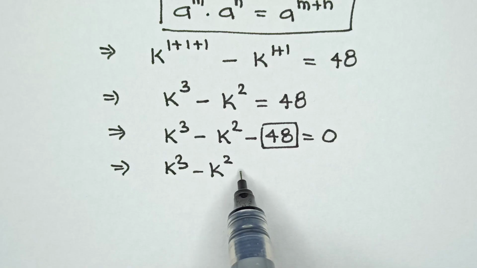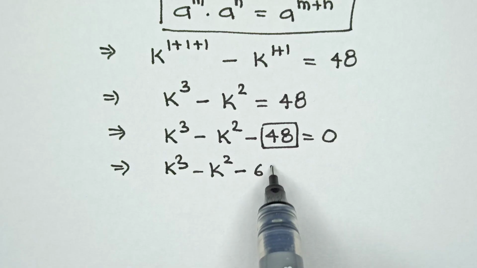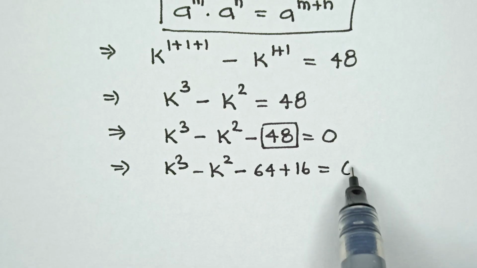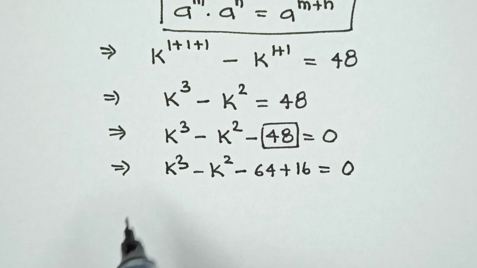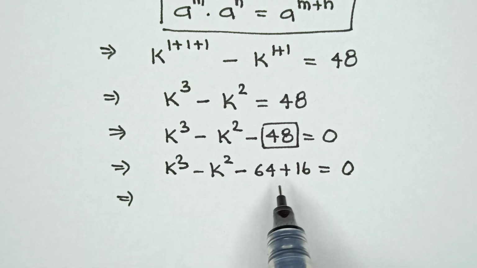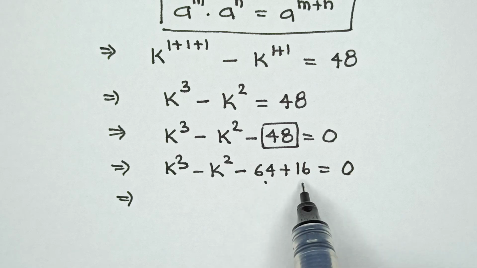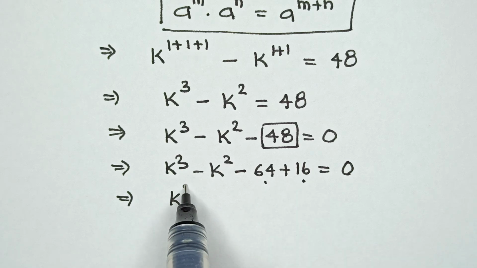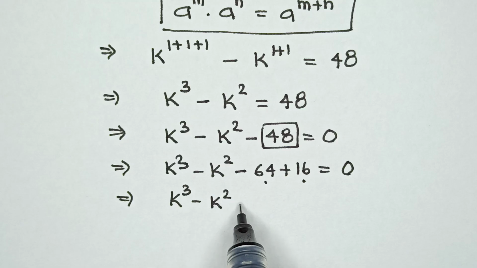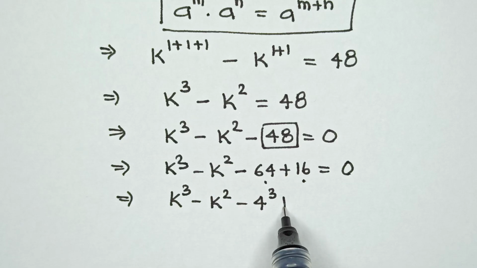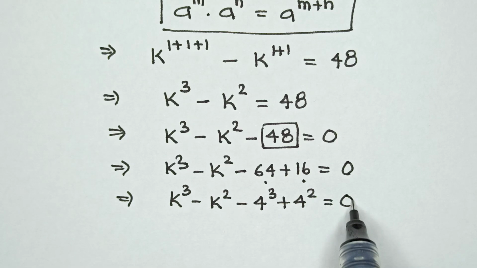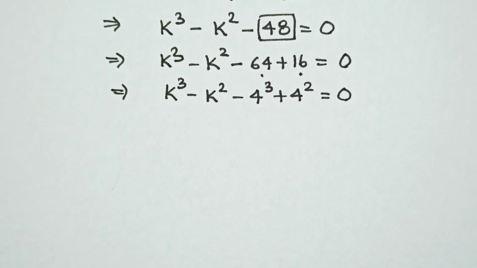So this is k cube minus k square minus 64 plus 16 is equal to 0. Now if you notice, this is the cube of 4 and this is the square of 4. So I'll write this as k cube minus k square minus 4 raised to the power 3 plus 4 raised to the power 2 is equal to 0.